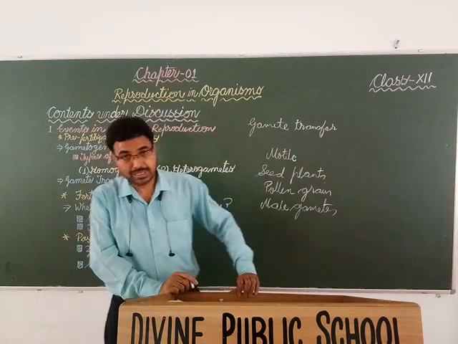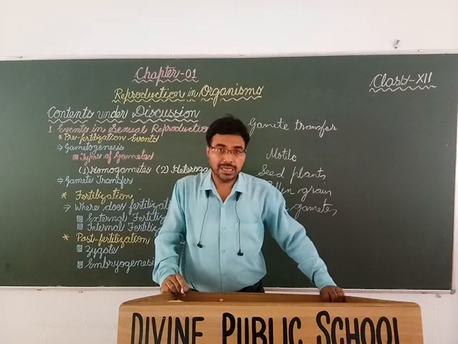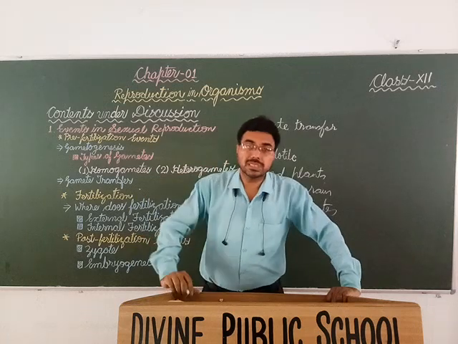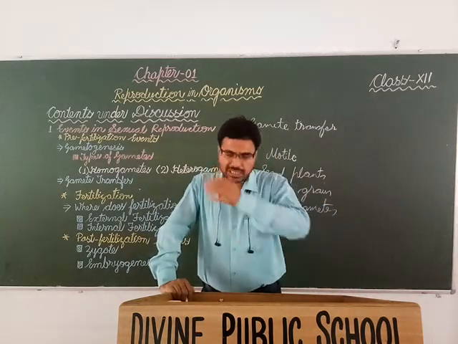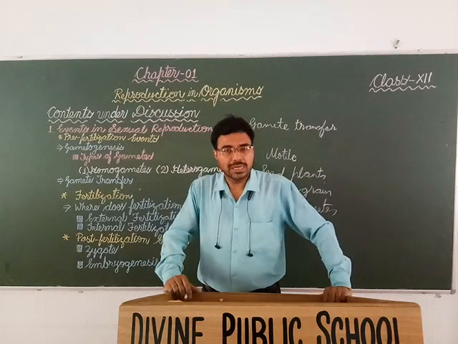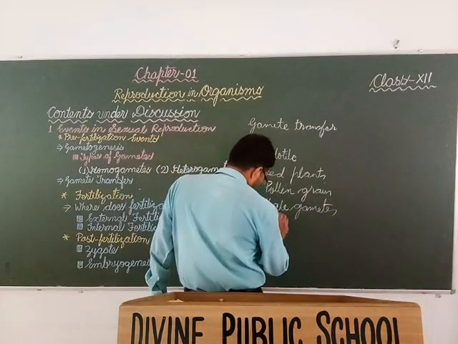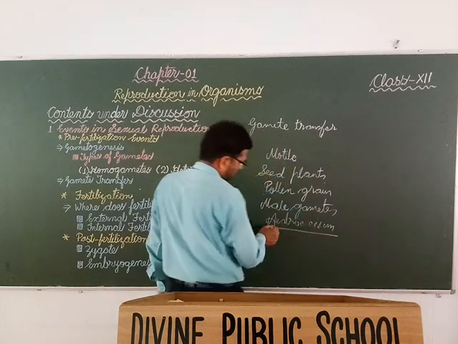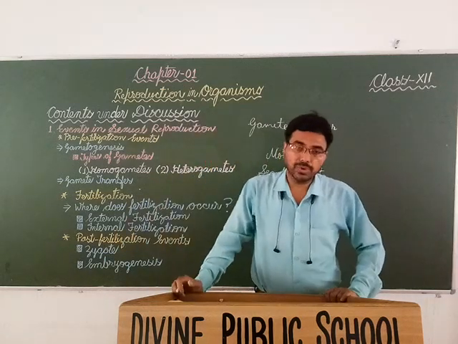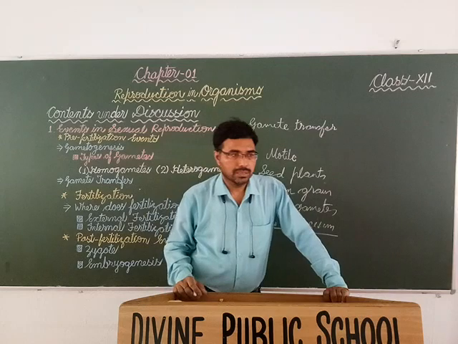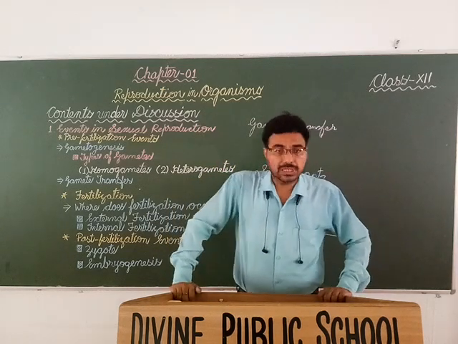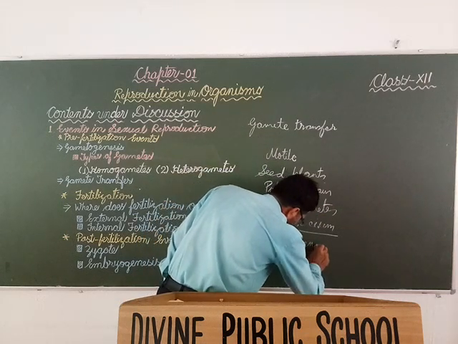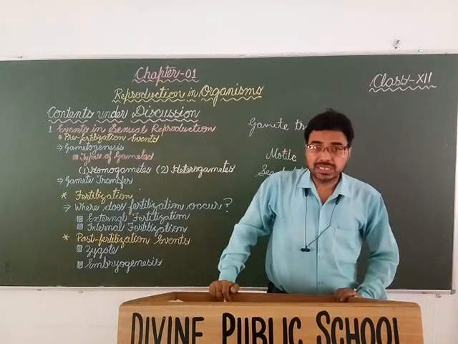These pollen grains are formed inside the male sex organ of the seed plant, and there is a collective name for the male sex organ, that is androecium. Androecium is made up of some units, and these units are called stamens.